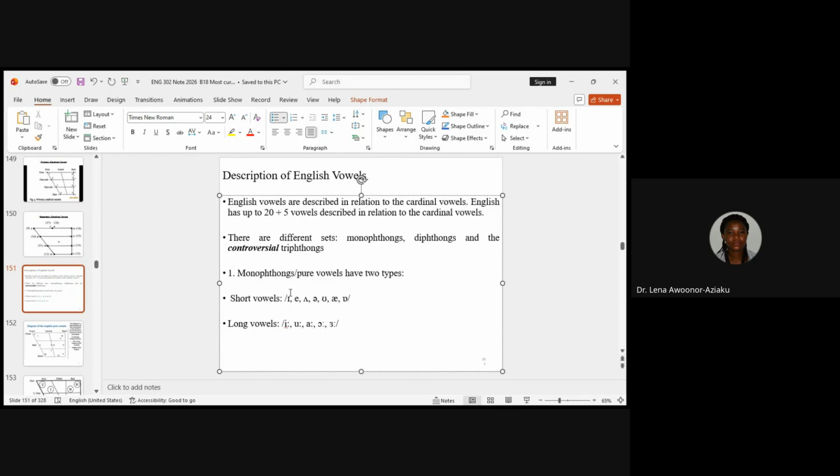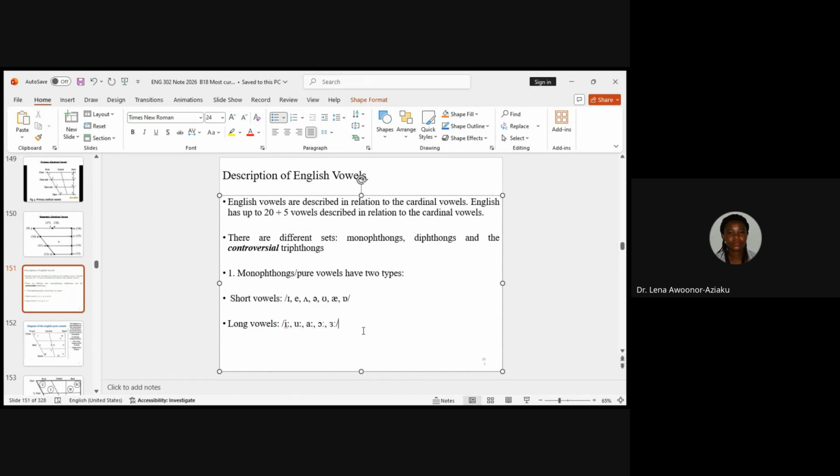You can see that this one has a different symbol. If it was just in terms of length, they would have used this and taken the symbol out to show the other one to be short. So wherever you see E like this without the length mark, it is so long.